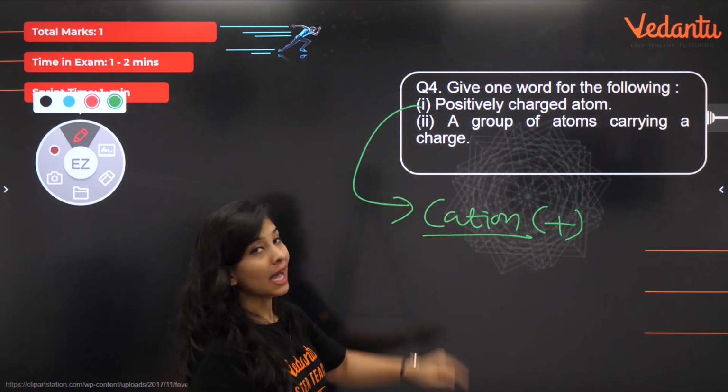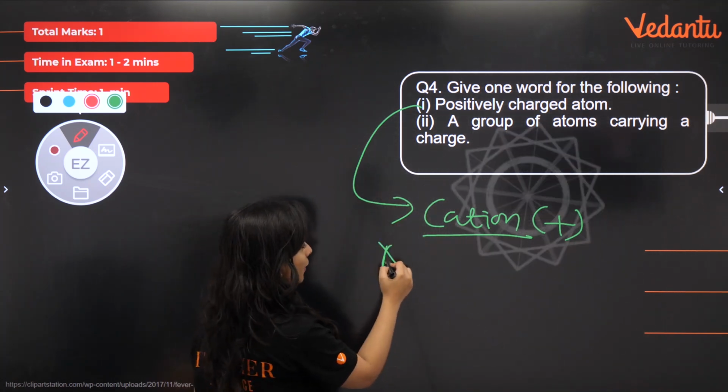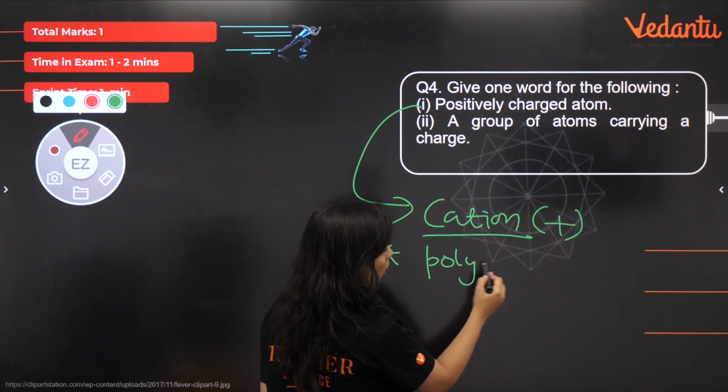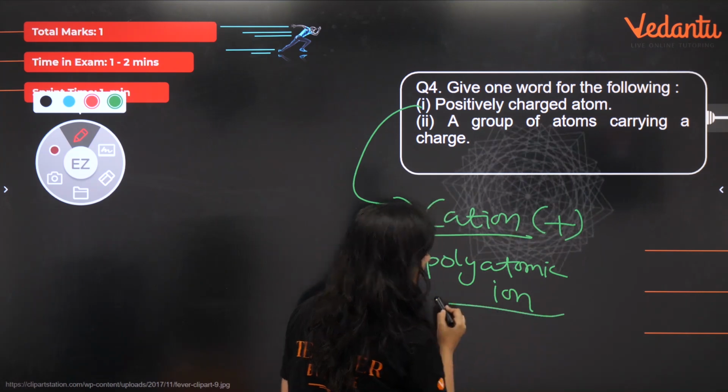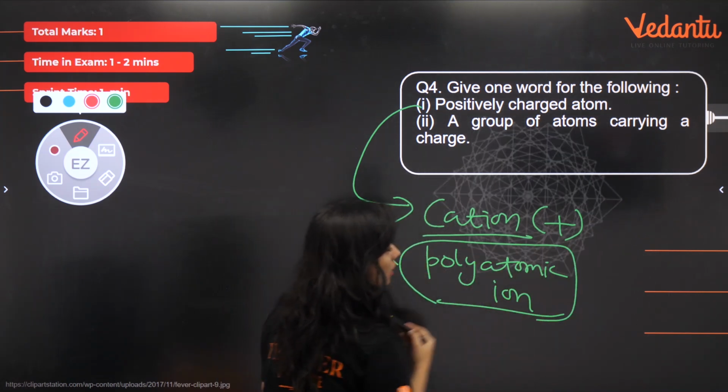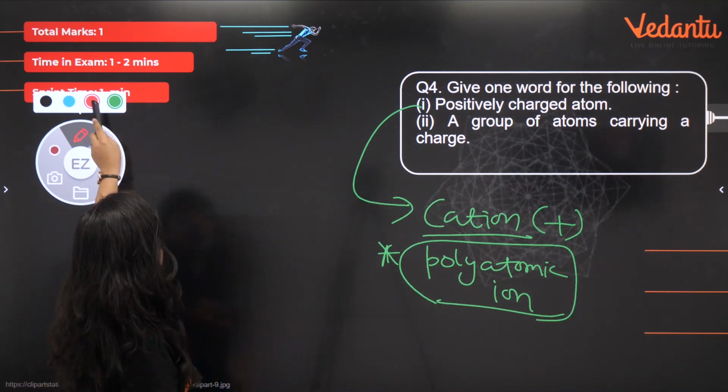A group of atom carrying a charge, उसके लिए we have one more name. We call it polyatomic ion. Polyatomic ion. What is the meaning of this term? Actually, poly means many.